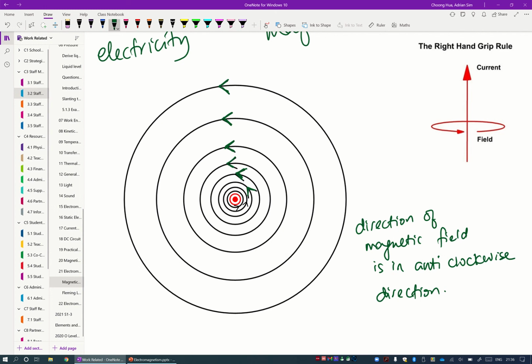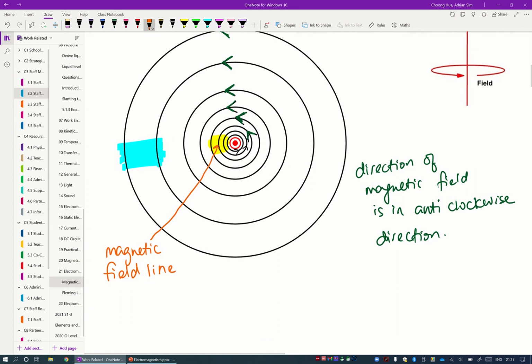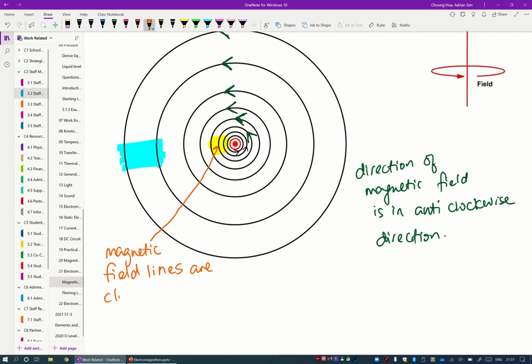Also note that the number of magnetic field lines represents the strength of the magnetic field. I'm going to highlight this section here in yellow, and another section here in cyan. Do you notice that for the section in yellow, the magnetic field lines are closer?